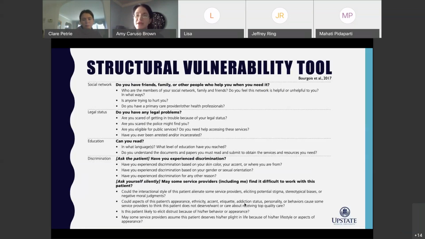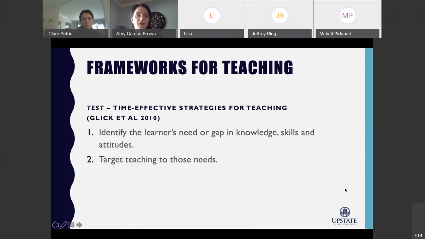Many of these things resonated with me because of that first case I talked about, because that family's interactional style, that family's hygiene, in many ways were very likely to provoke bias. And it really has gotten me thinking about how do we talk to learners about that? How do we prepare them for that before they go into a room? And how do we reflect on it afterwards?